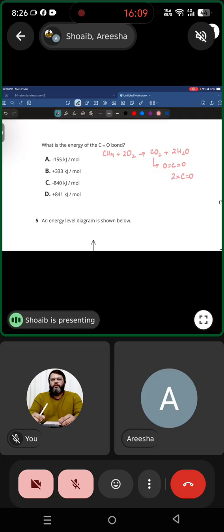We consider this part an unknown, so we're going to consider it as 2x. Now the calculation is delta H is equal to bond breaking minus bond making.